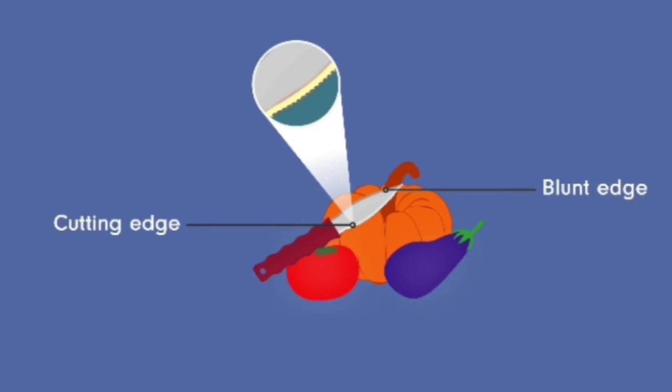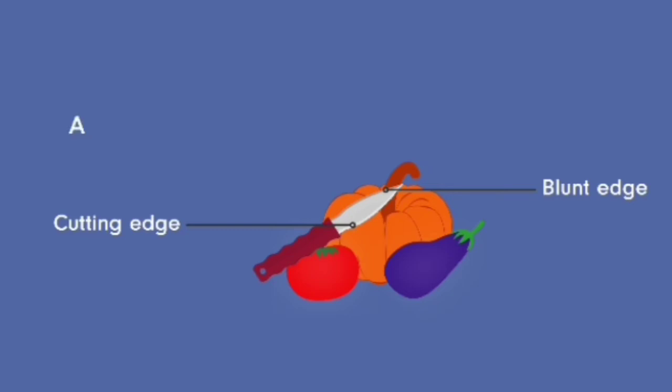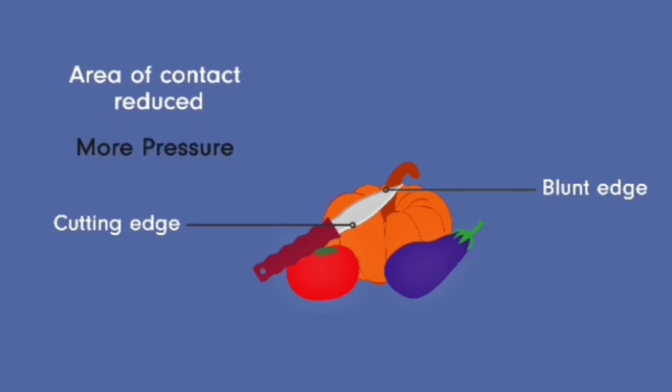So if you cut the vegetables with the cutting edge, the area of contact between the vegetables and the knife is greatly reduced. Hence, more pressure is applied on the vegetables using the cutting edge of the knife.